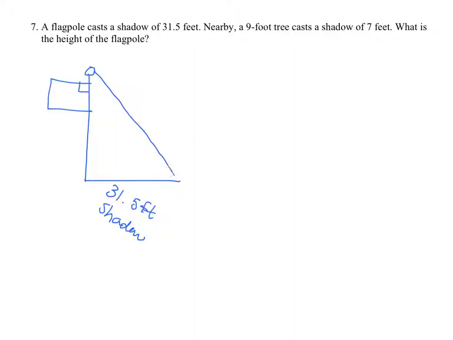Makes a little triangle. Nearby, a 9-foot tree casts a shadow of 7 feet. What is the height of the flagpole? Call that n. And again, we use a proportion.